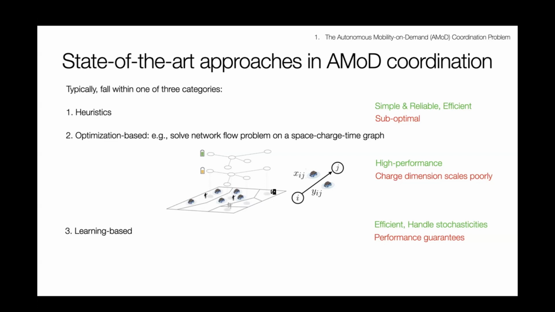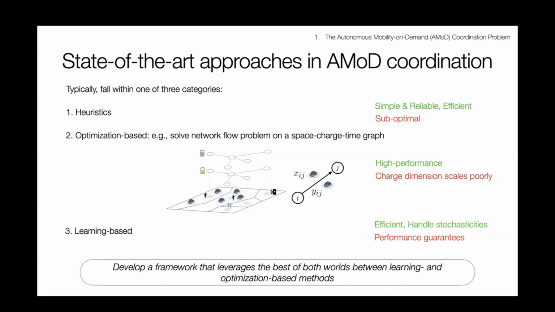But the big downside of learning-based methods is the performance guarantee. There is really nothing that enforces a guarantee of the quality of the solution, or even of getting to a meaningful solution, especially with black-box methods like neural networks.